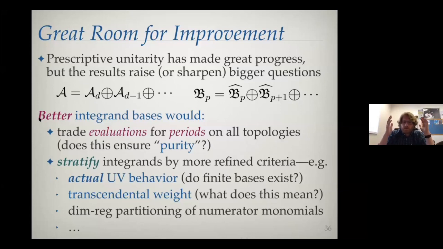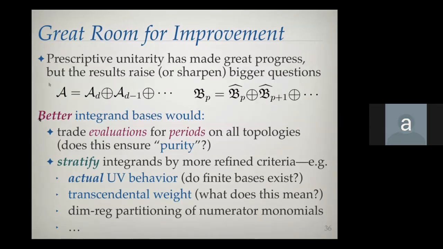Anyway, you get something of weight 6 plus this 20 times zeta 5. And it's just like a bare pollution in almost every integral in the basis. So there's a filtration of transcendental weight, and the best power counting bases have all of the maximal weight pieces. But they also have all that lower weight stuff that you don't get right until you go to a worse part of the basis.